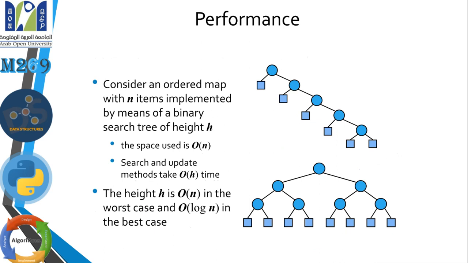Now, in terms of the space, of course, we have to go through n elements. That's why it takes O of n for the space. Now, for the search, it takes O of h, which depends on the height of the tree, since the search and update methods depend on it. How many nodes do we have?